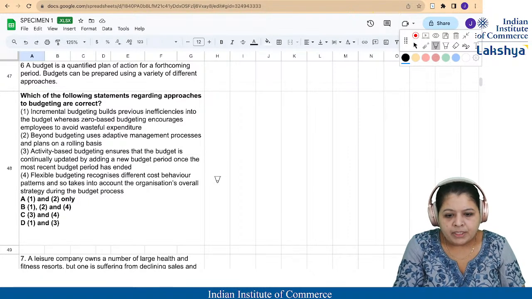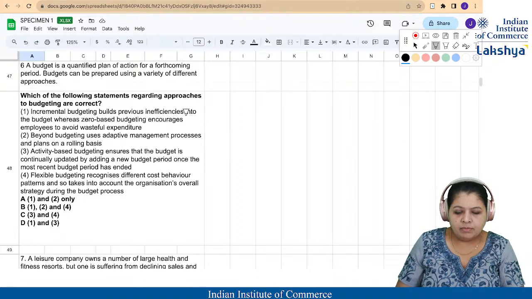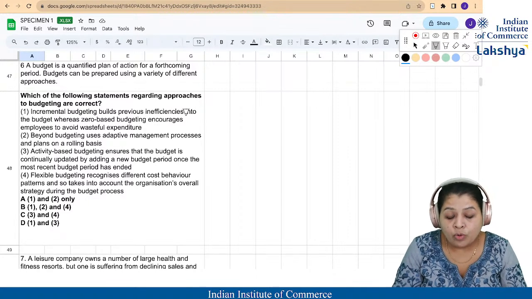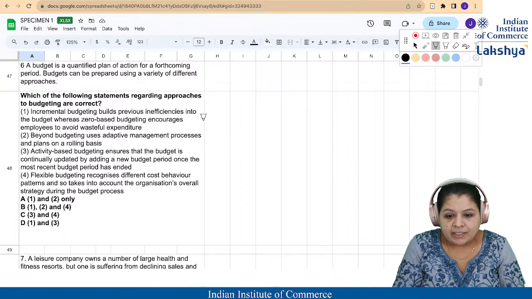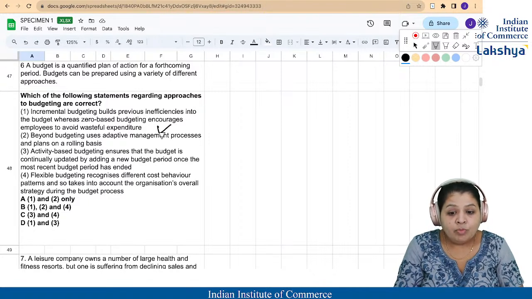Incremental budgeting builds previous inefficiency into your budget, whereas zero based budgeting encourages employees to use wasteful expenditure. That is correct, right? Beyond budgeting uses an adaptive management process and plans on a rolling basis. If you know beyond budgeting, that is a correct answer too.